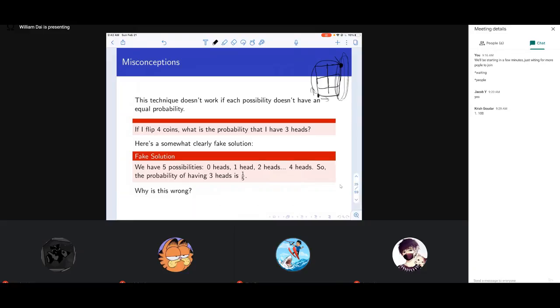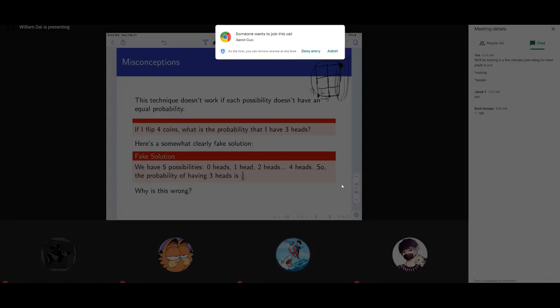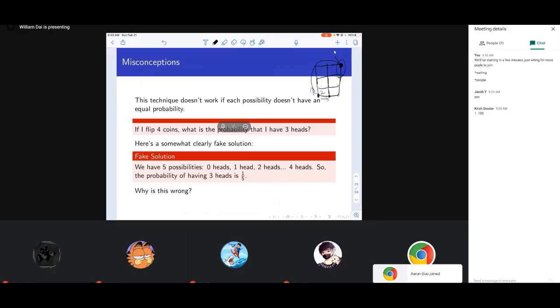But that's not right, because not all of these possibilities have equal probability. Say you stop when you reach either of these two points here.